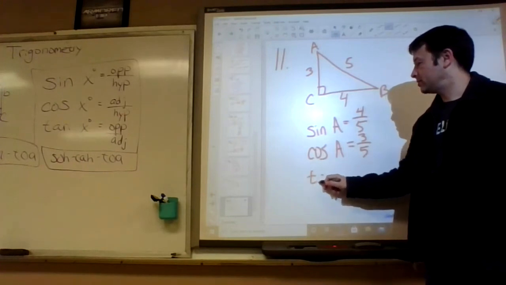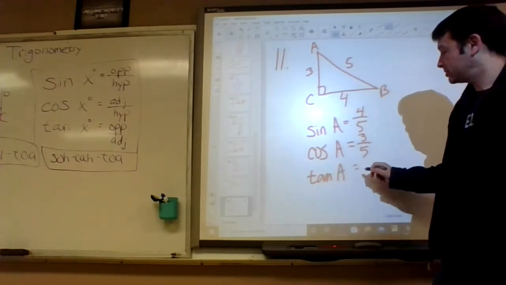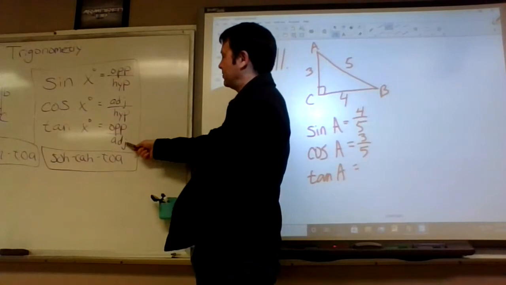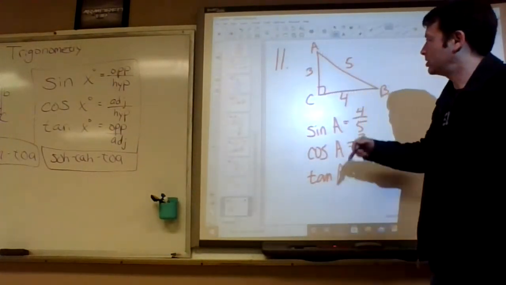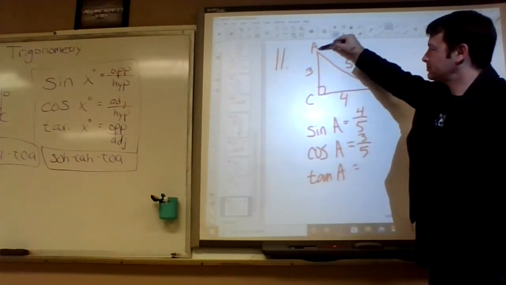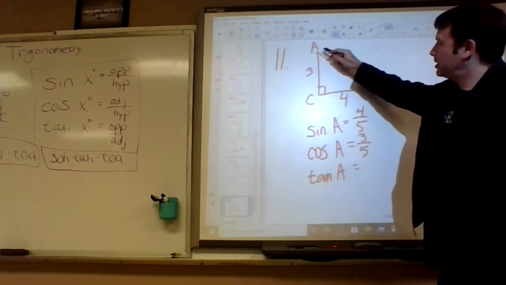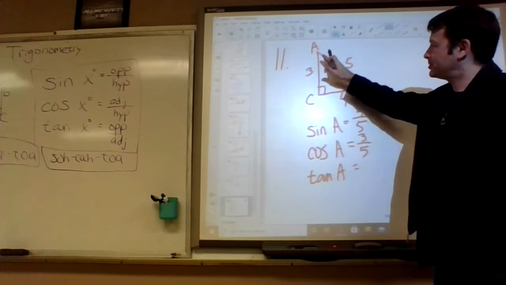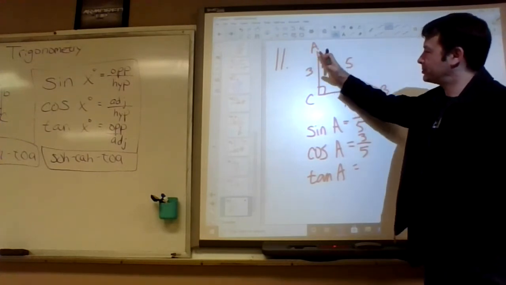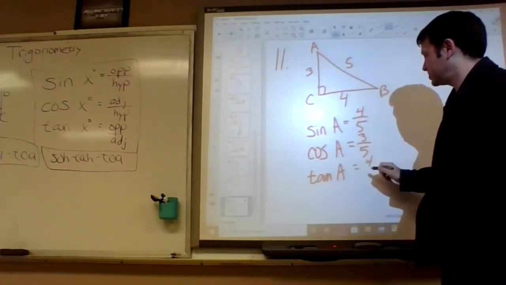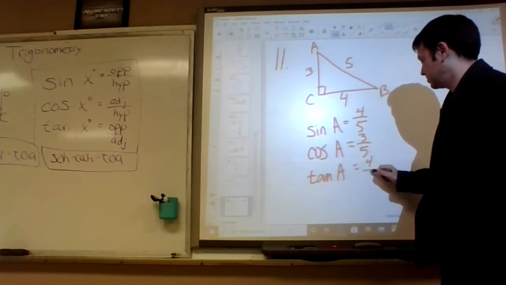And tangent of angle A is opposite over adjacent. What's opposite of angle A? Well, both the angles are kind of opposite, but it's the side that's opposite. That's what we're looking at. 4. What's the adjacent? 3.